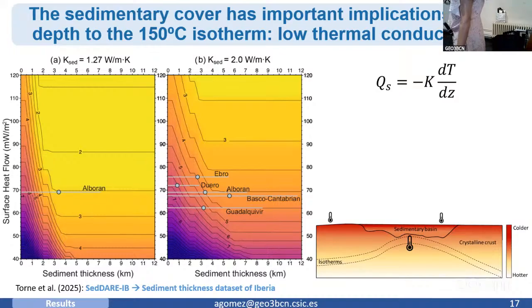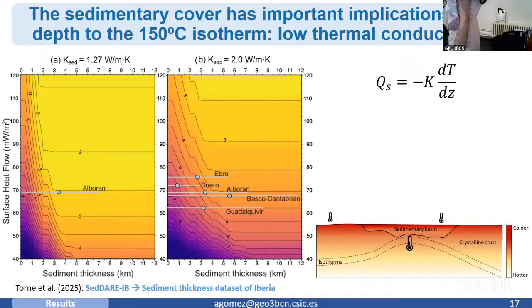So for geothermal exploration, especially for deep geothermal, the depth to the 150 degrees isotherm is a very important proxy. In this diagram, these contours are the depth to the 150 degree isotherm for two different cases. In this case, for the thermal conductivity of sediments, 1.27, and in this case, a bit higher thermal conductivity of 2.